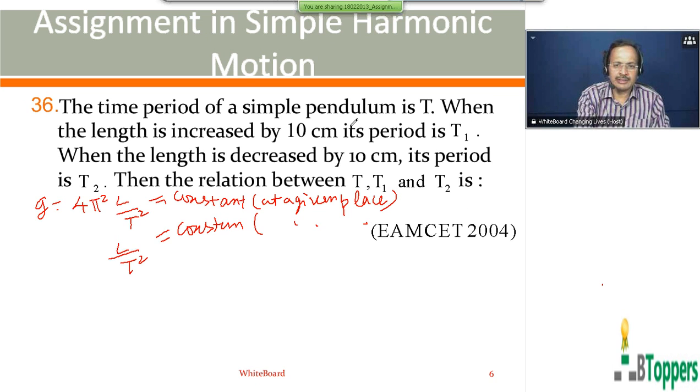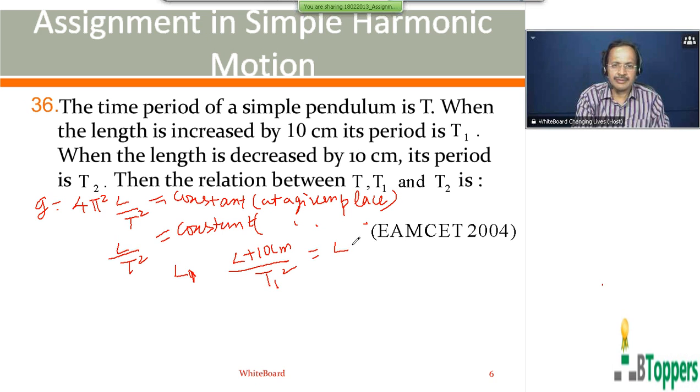So let L be the length of the pendulum when the time period is T. When the length is equal to L plus 10 centimeters, the time period is t1.